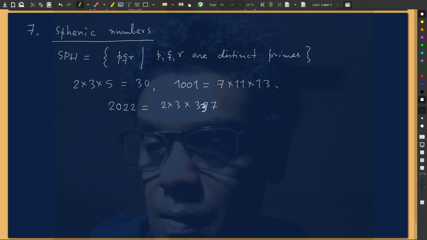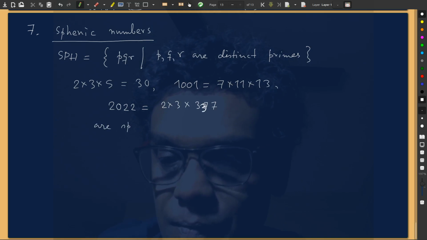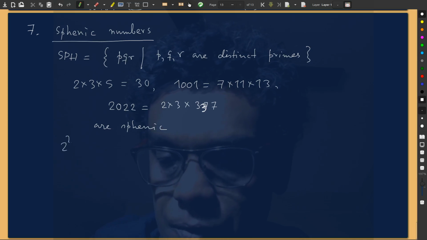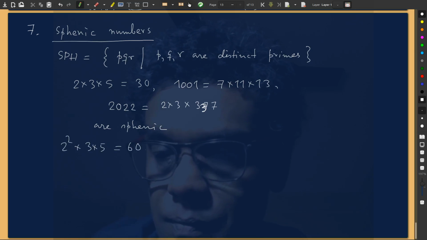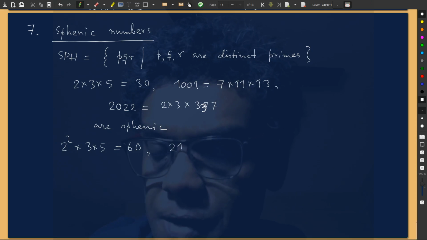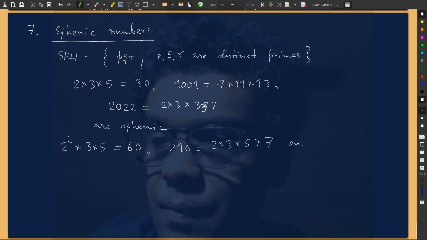So these are sphenic. 60 is not, because also if I take 210, 2 times 3 times 5 times 7 are not sphenic.